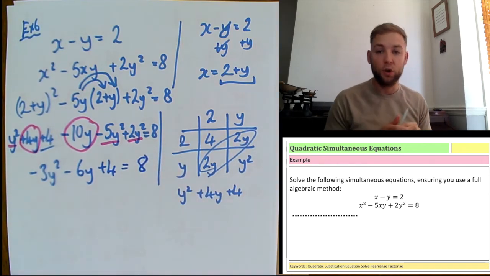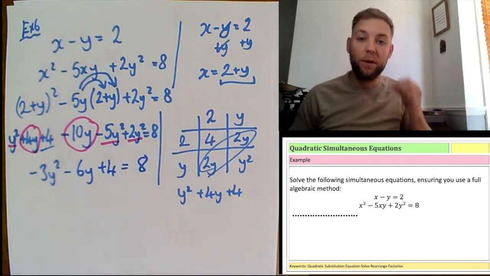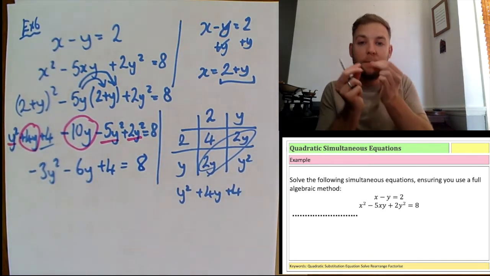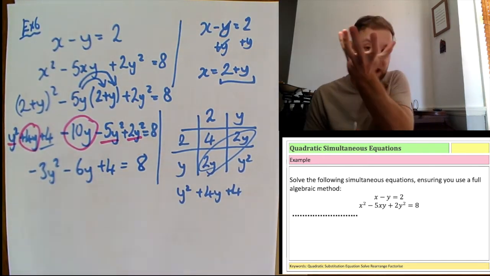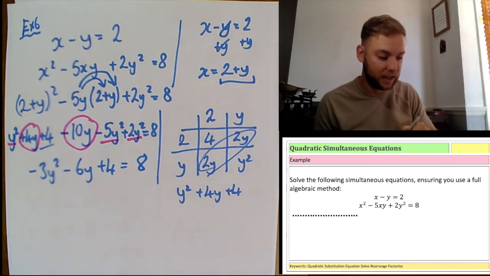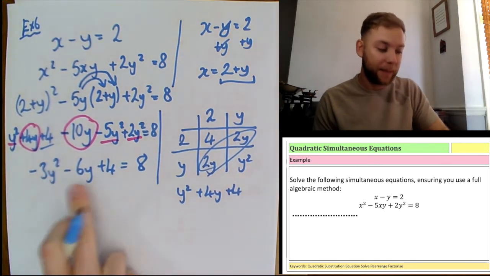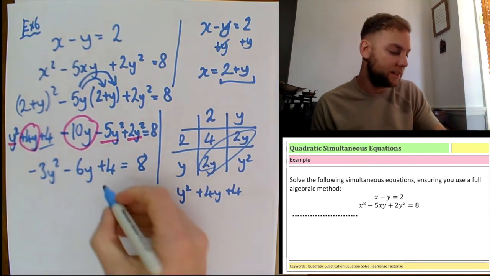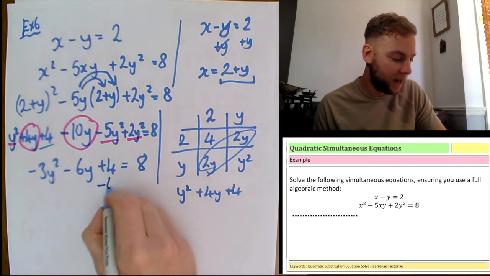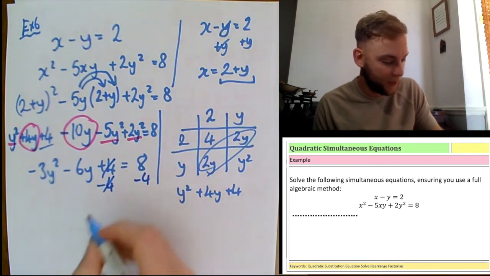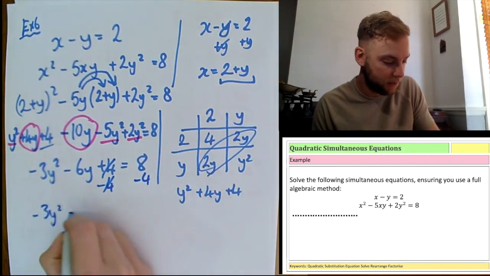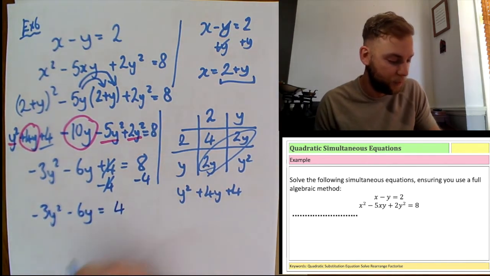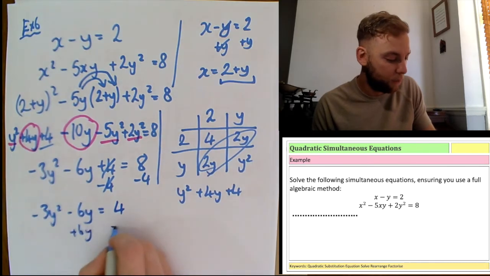Now, usually I bring that 8 over, don't I? But with this one, because I've got this negative and because I've got this negative, I want to make sure that my squared is positive. So I'm actually going to take everything over to the other side. So I'm going to add this, and subtract this from that other side. Let's do it one at a time just so you can see how I've done it. So minus 4 minus 4, that becomes minus 3y squared minus 6y is equal to 8 minus 4, which is 4, plus 6y plus 6y.